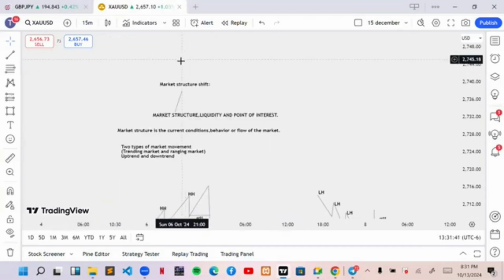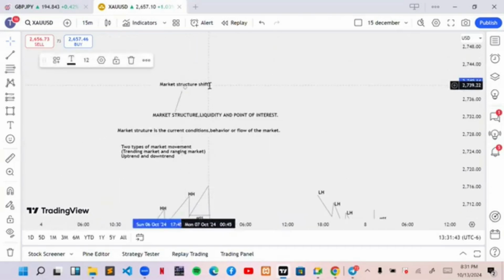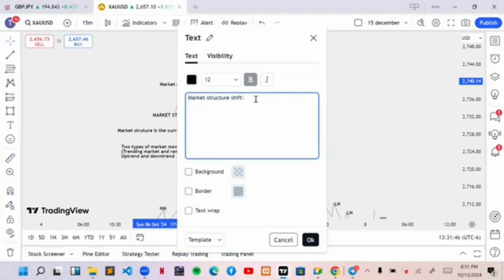So, the market structure shift is an indication that the current trend is about to end, and the new one is about to begin in the opposite direction.